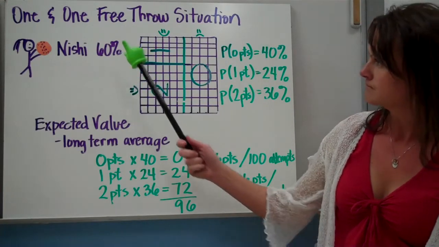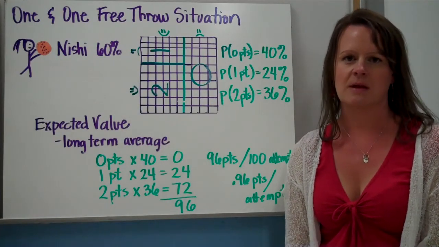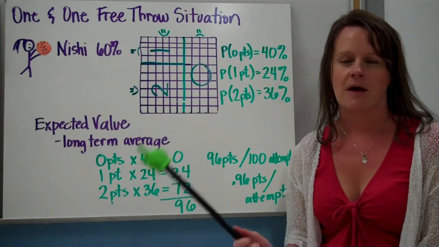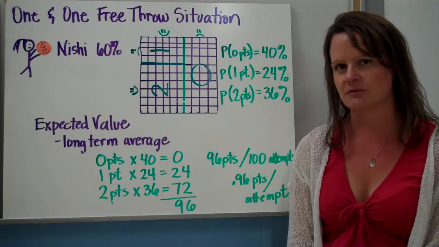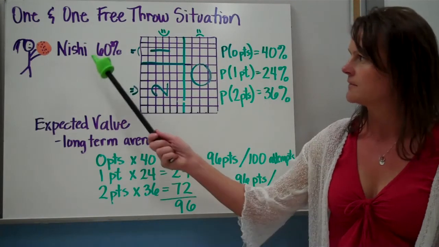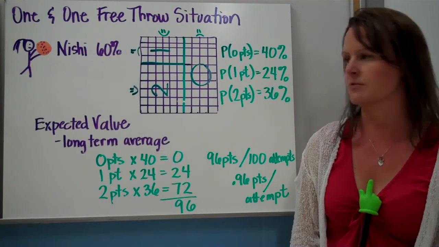So here's Nishi, and she has a 60% free throw percentage, which means over the long run, out of every 100 tries at the free throw line, she makes 60% of her shots. We're going to use that information to figure out what's most likely to happen when she is at the free throw line.